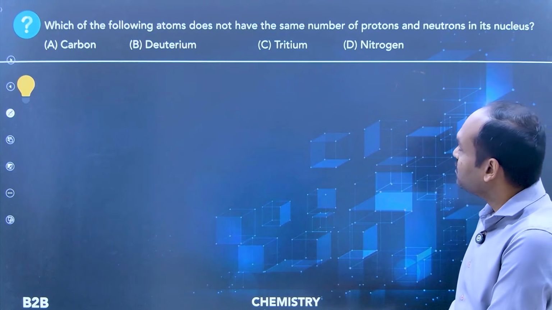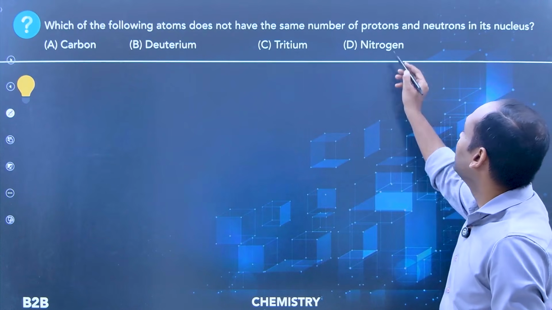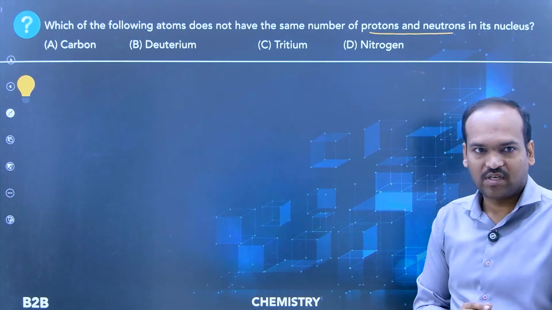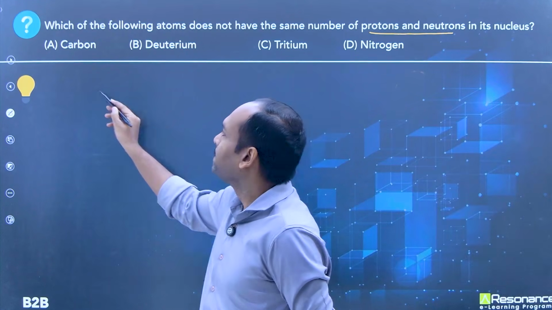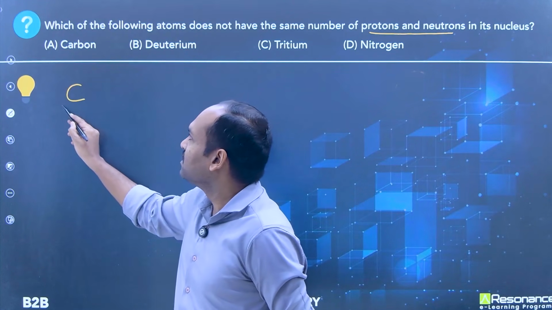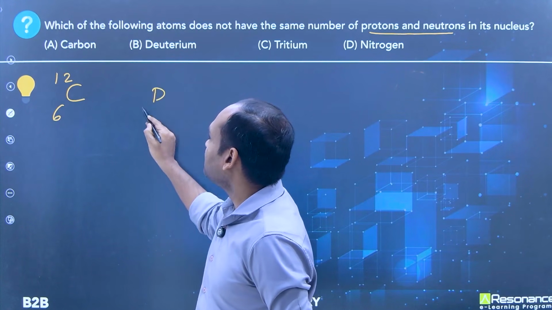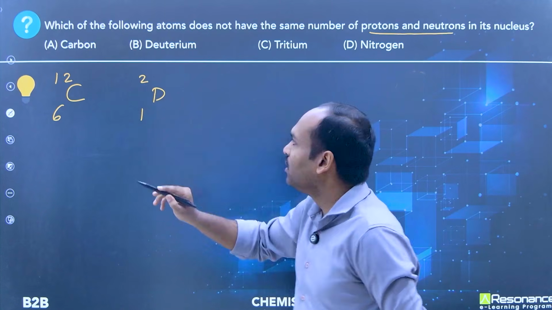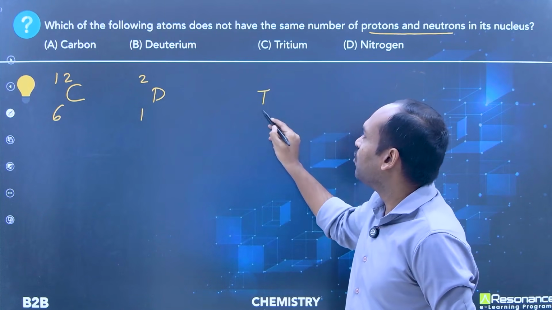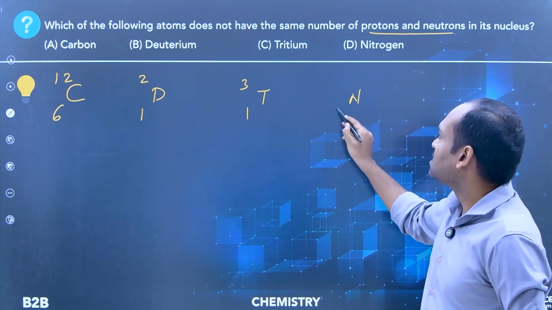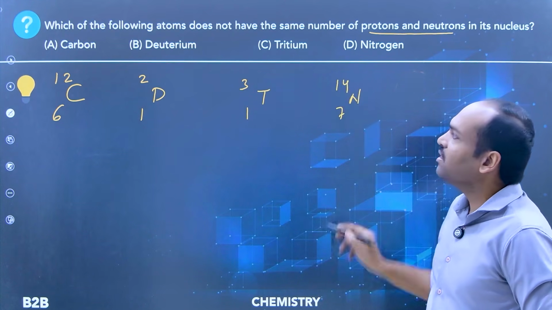Which of the following atoms does not have the same number of protons and neutrons? Carbon 6, 12; deuterium 1D2; tritium 1T3; nitrogen 7, 14.